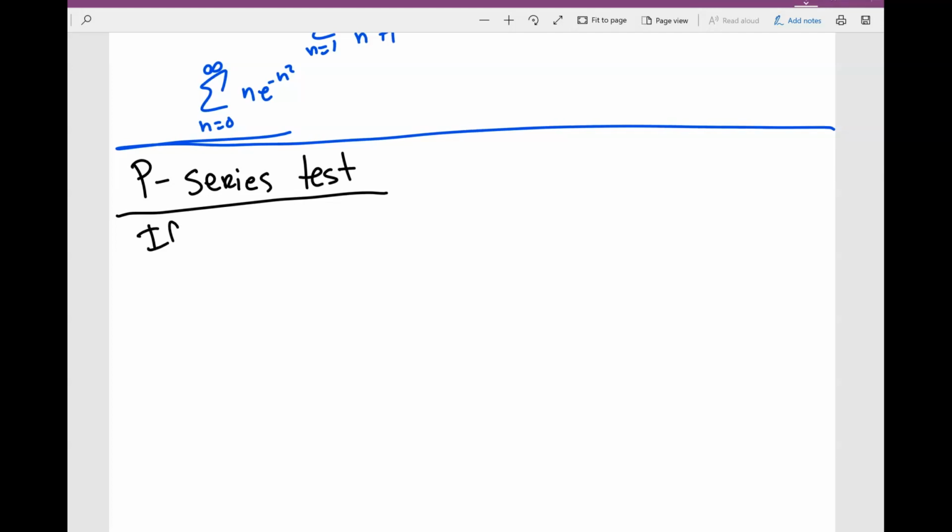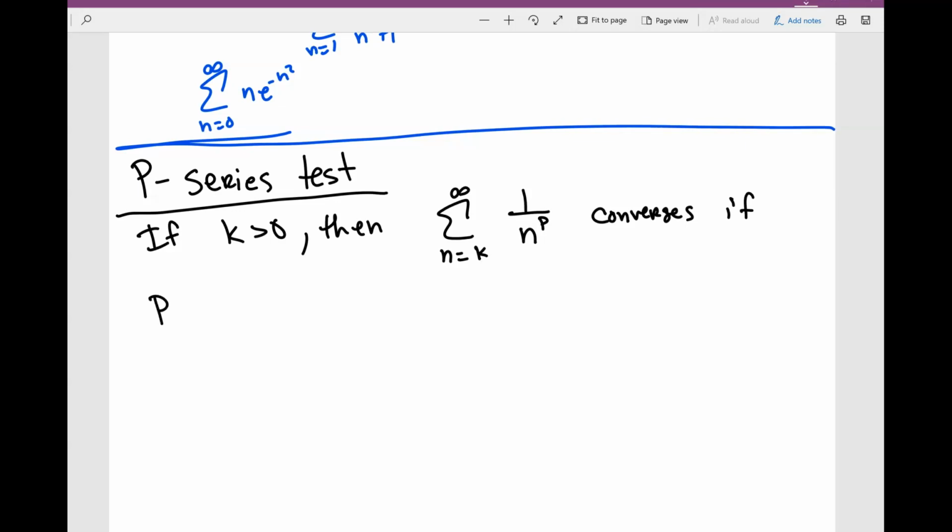If k is greater than 0, then the summation from n equals k all the way to infinity of 1 over n to the power of p converges if p is greater than 1 and diverges if p is less than or equal to 1.